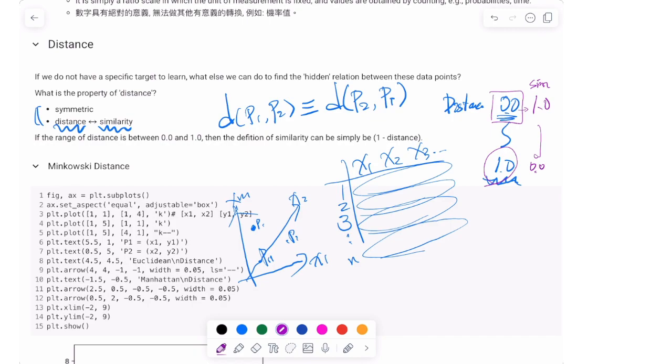So usually the similarity is defined as 1 minus distance. Of course, in the first place you have to normalize your distance to between 0.0 and 1.0. So that is the concept of distance.